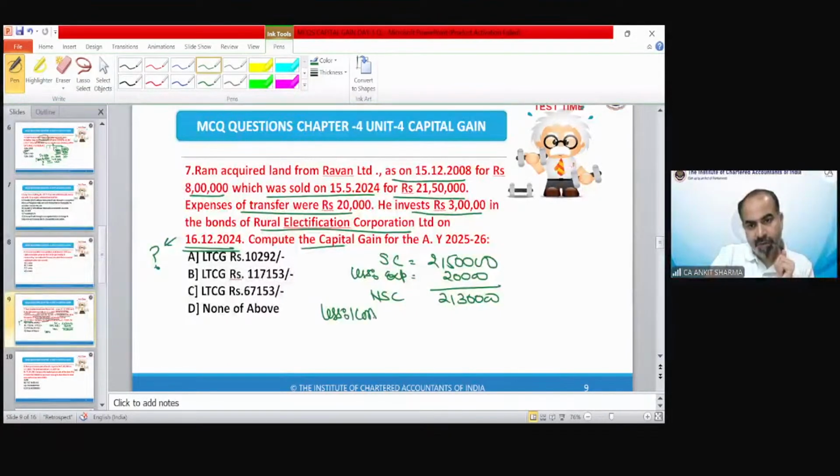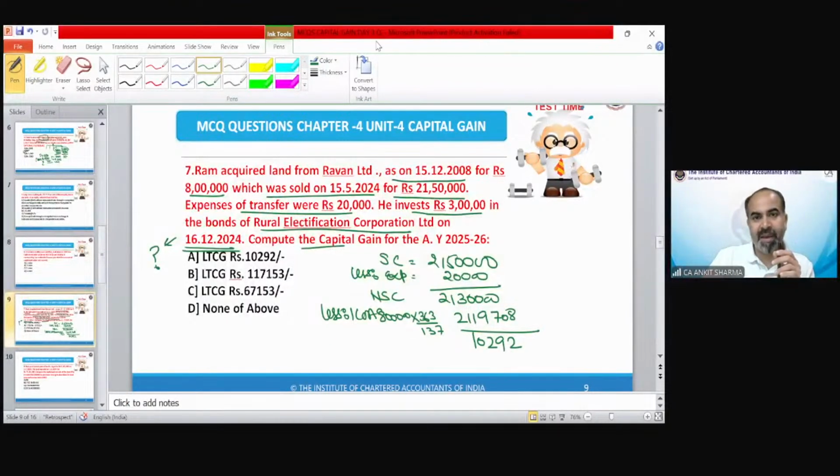Indexed cost of acquisition, as the transfer was done earlier: it's 8 lakh into 363 upon 137. So it would be 2,119,708. The gain would be 10,292.